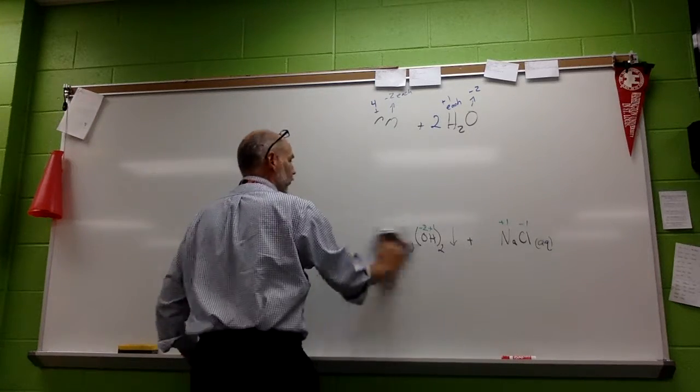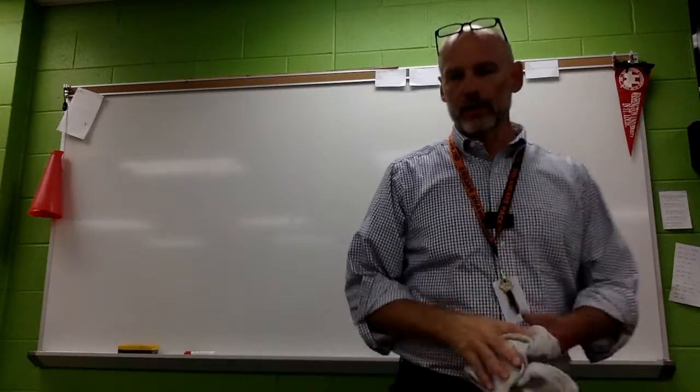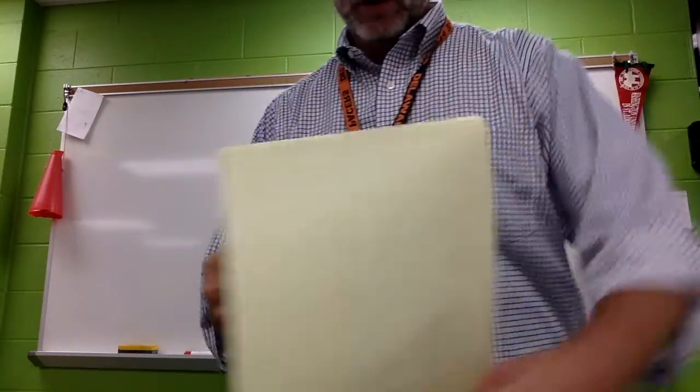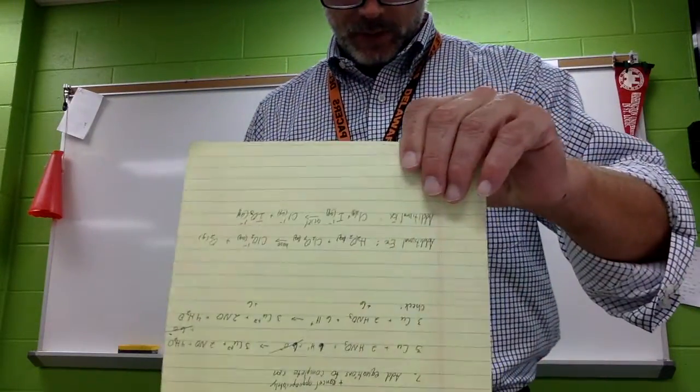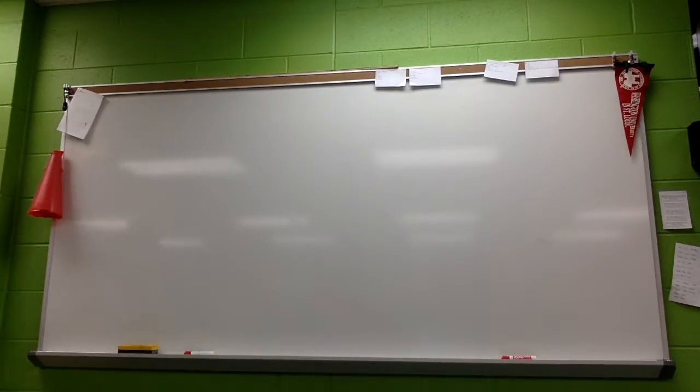Well, I've kind of already introduced to you, by that first reaction, how to use the oxidation states to balance equations. It comes down to looking at how many electrons were transferred in both the oxidation and reduction and equalizing that transfer.